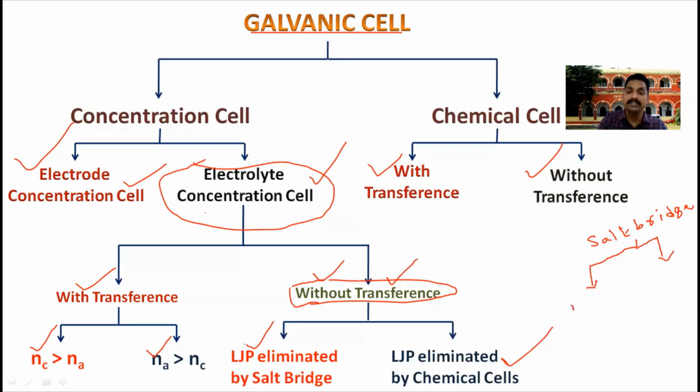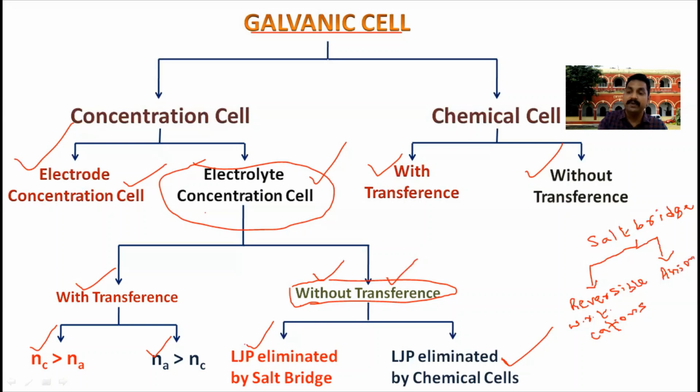When LJP is eliminated by salt bridge, here we have two types, that is electrodes reversible with respect to cations, whereas another category is the electrodes are reversible with respect to anions.